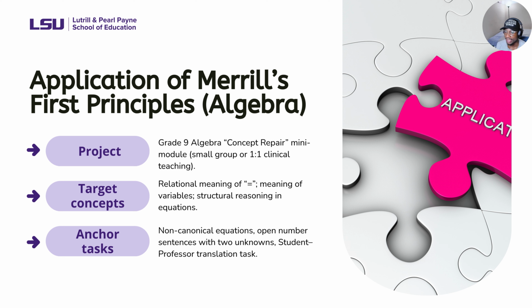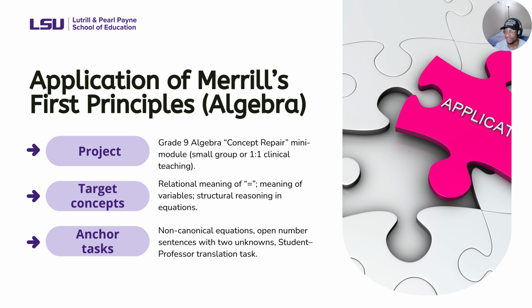So as I said, I want to assess a student's relational understanding of the equal sign and the structural reasoning in equations. So the anchor task is that I'm going to use non-canonical equations.